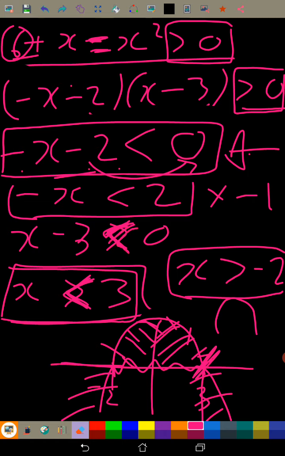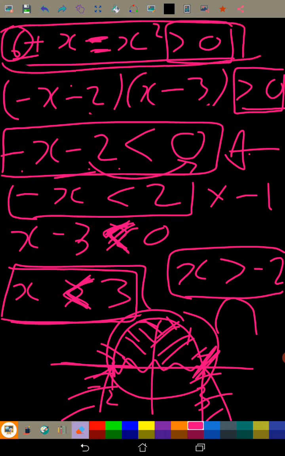So that's why it's very important to have a sketch. We don't solve an inequality without sketching. It's going to be just a big mess. We need to see what is the correct area, what are the correct boundaries.